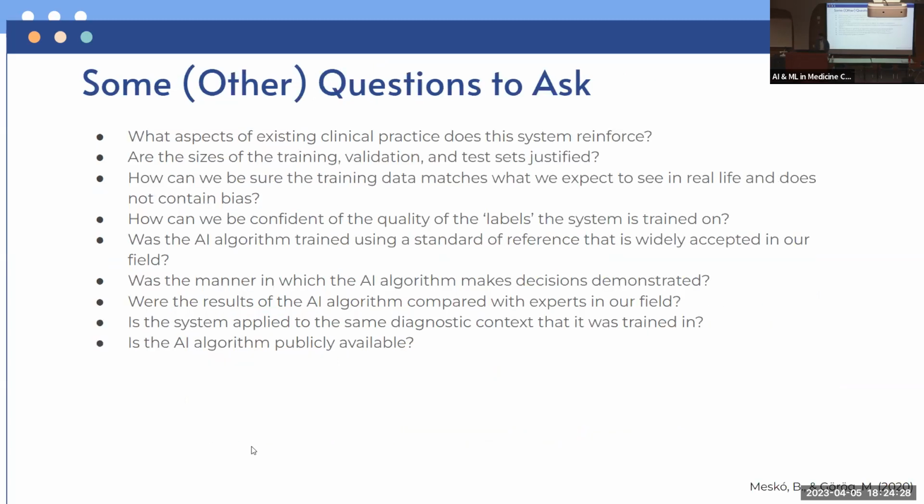Some of the other questions that could be asked, I grabbed from a paper by two individuals. Bertalan Meskó is a medical AI specialist in Hungary, I think. I might be mistaken on that. He used to do a lot of YouTube videos.